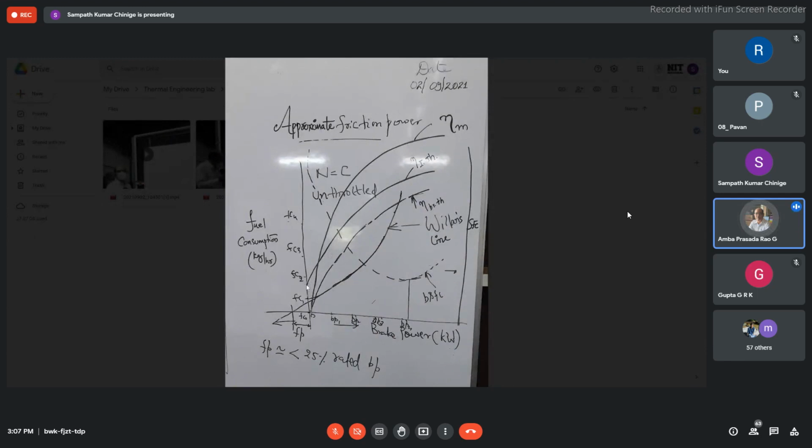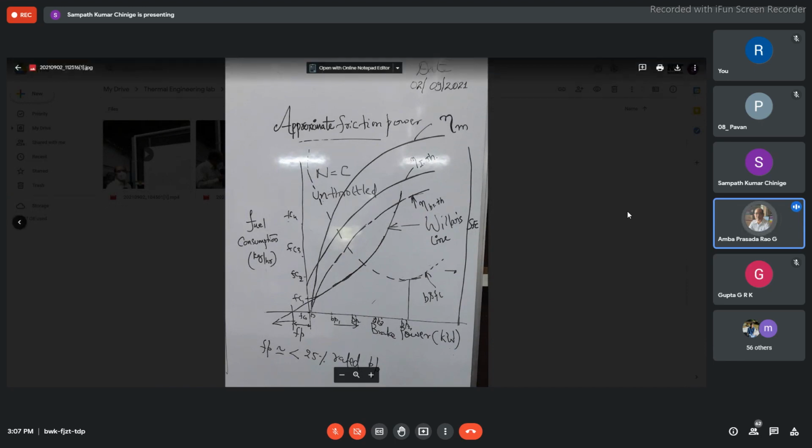So at every point it is nothing but friction power added. Okay, these two go parallel but with this offset. Then anyway, I explained to you about mechanical efficiency. So to arrive at these values, you require friction power values. Okay. So now I'll tell you how we conduct the motoring test.